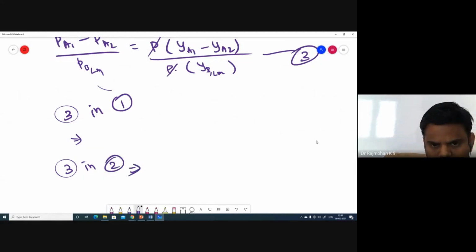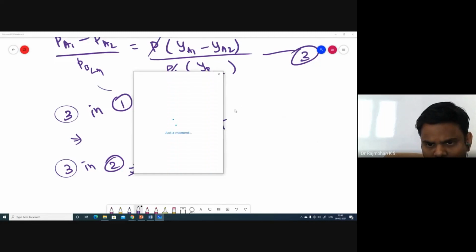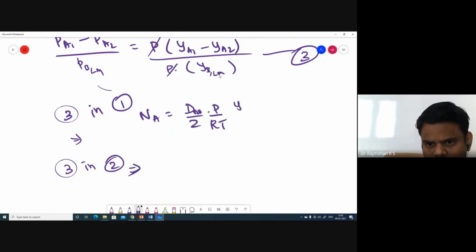So NA equal to, earlier we had DAB by Z into P by RT, and this will become YA1 minus YA2 divided by YB logarithmic mean. So you can add this to the table.